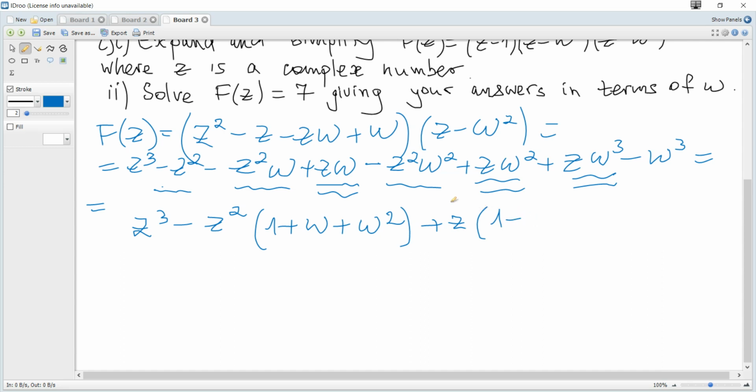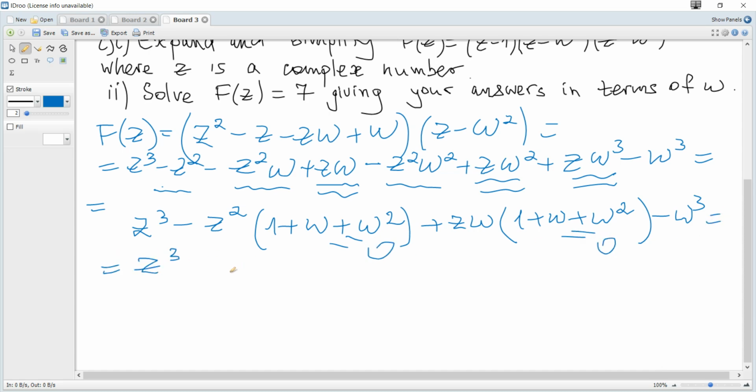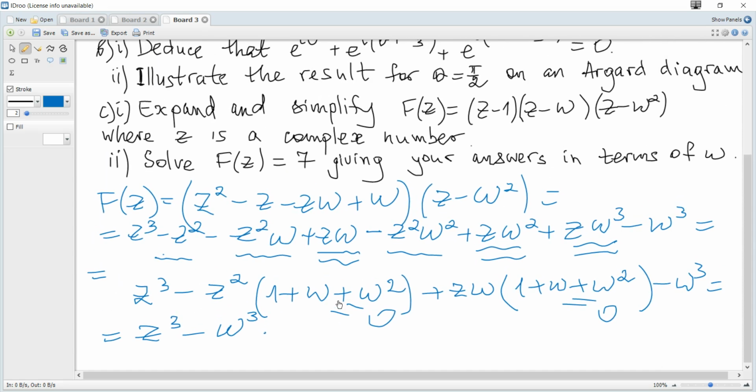We can also factor out z omega, so it becomes 1 plus omega squared and minus omega cubed, and it's 0, so it's equal to z cubed minus omega cubed.